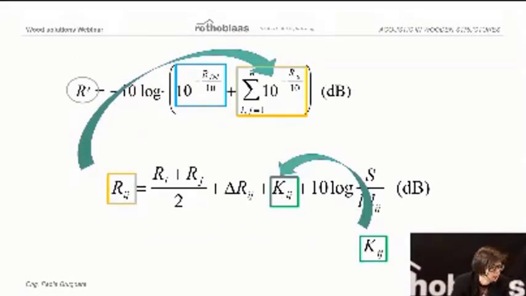In particular, we have already seen that if we need to measure the acoustic performance of a wall, we need to consider the direct transmission and the flanking transmission. The flanking transmission depends on different parameters. The first one is the type of structure. The second one is the type of finishing applied, for example, on the wall.